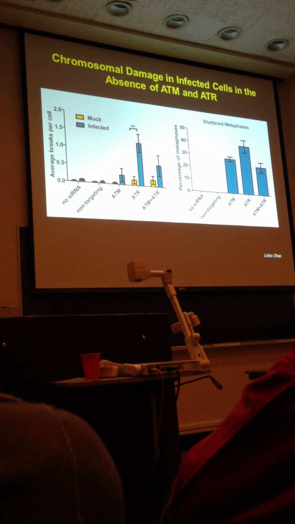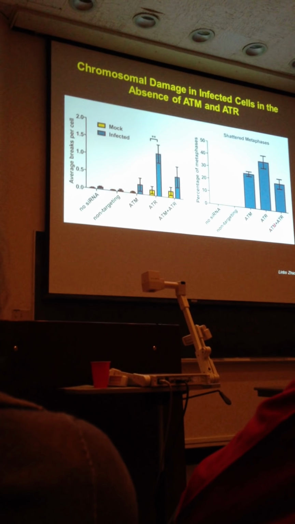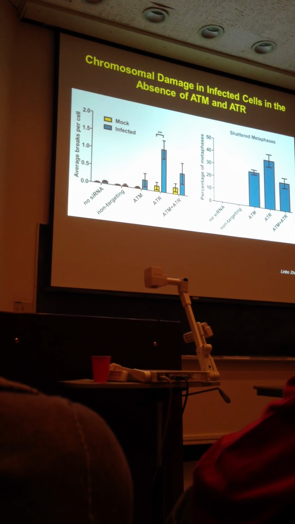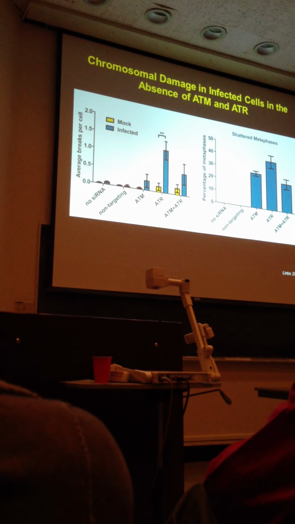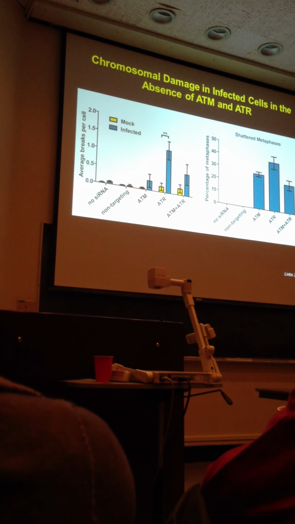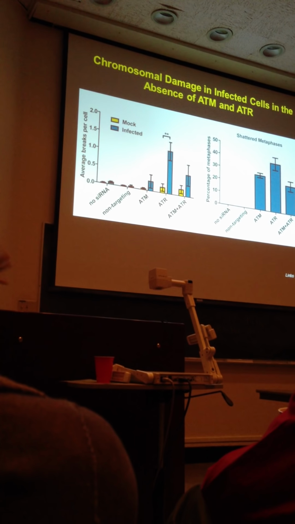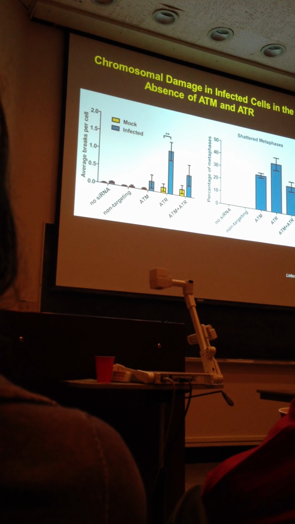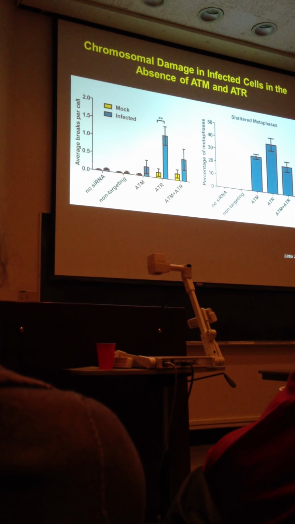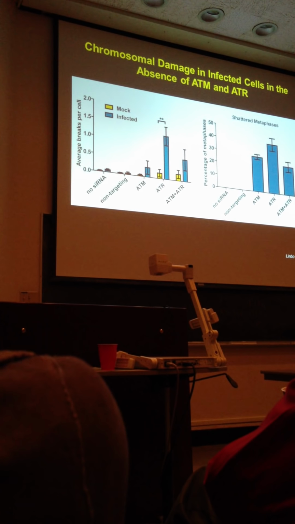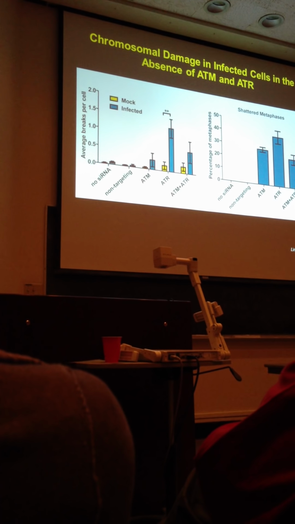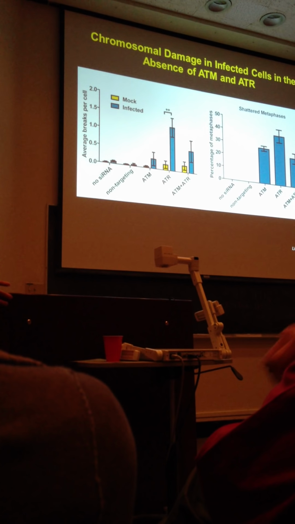But if you have the virus with either the ATM knockdown or the ATR knockdown or both, what we saw is that up to 30 to 50% of the chromosomes that we scored appear as this shattered metaphase phenotype. And among the cells that are not shattered, we can also see a significant increase in the average breaks per cell whenever the cells are knocked down for ATM or ATR or both in conjunction with the virus infection.